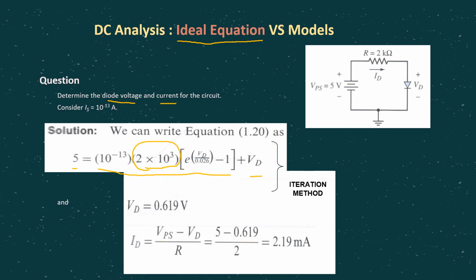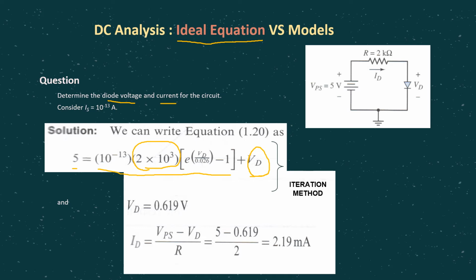But the problem is this VD appears both on its own and inside the exponential, meaning it's not that straightforward to solve for VD. There are two methods you can use. One, you can do trial and error, substituting VD and checking whether it matches the values.